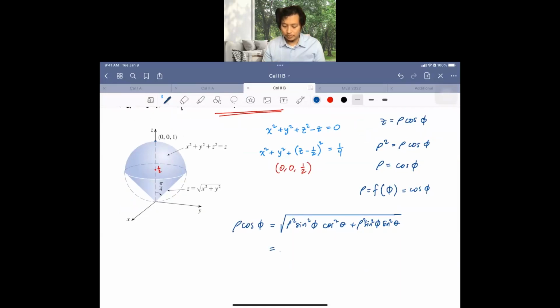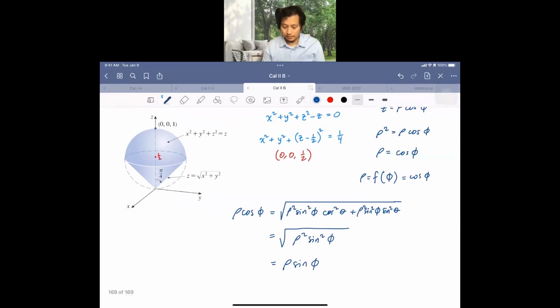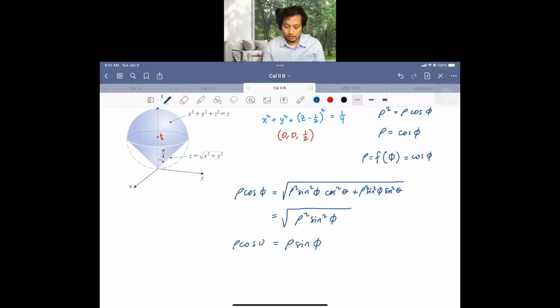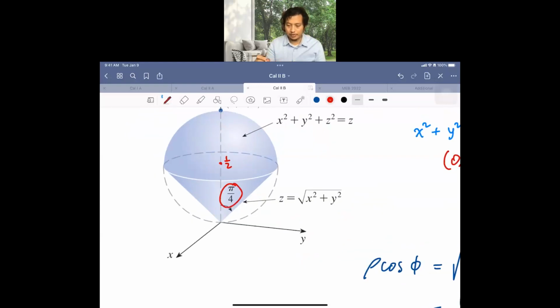And this will be equal to rho squared sine squared psi, and this will be equal to rho sine psi. And we could take tangent psi equal to 1. Or in our case, this should be equal to pi over 4, as mentioned in the picture here.